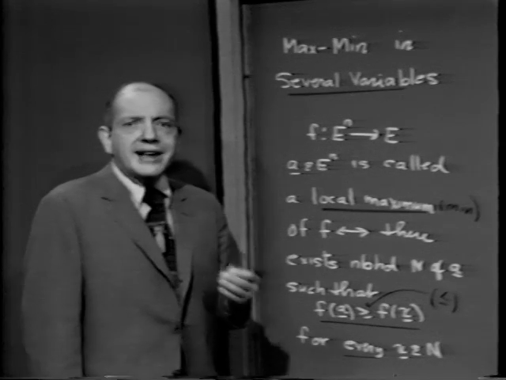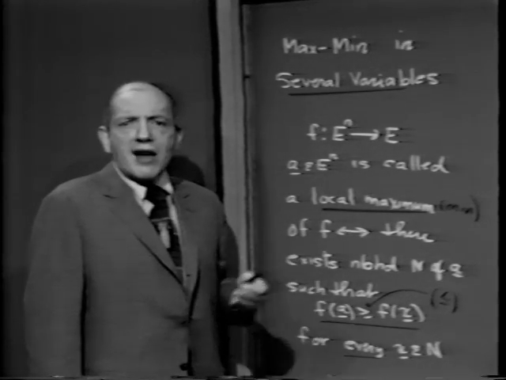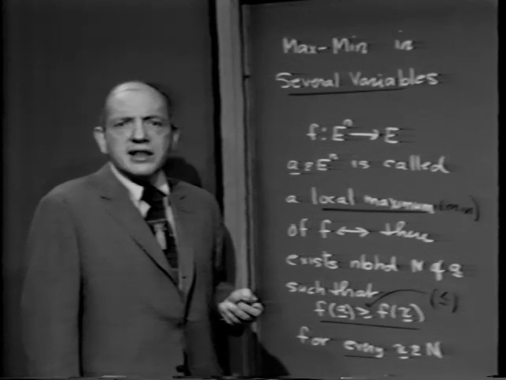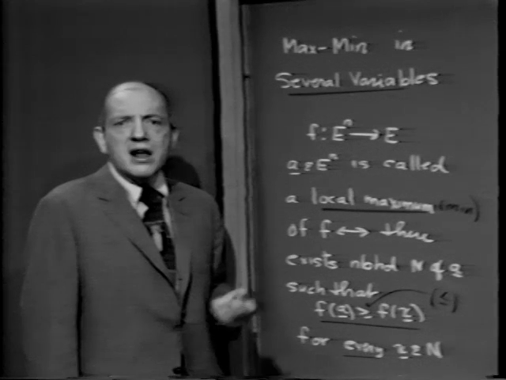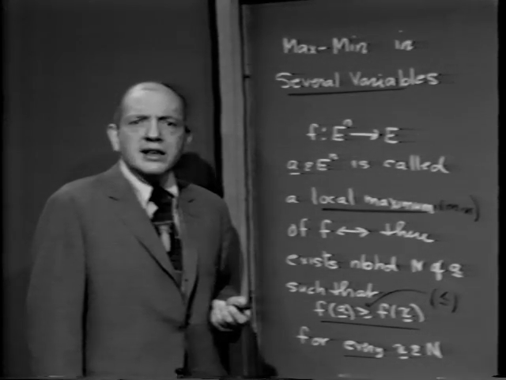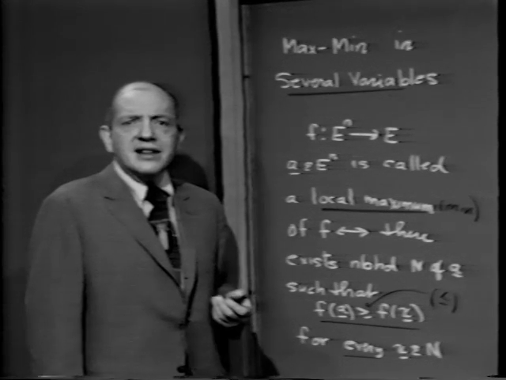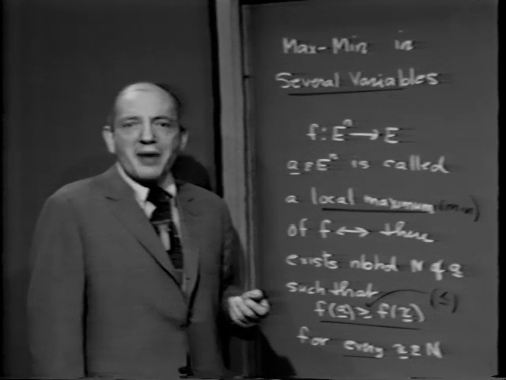Keep in mind that this is almost a word-for-word translation of what the terms relative maximum and relative minimum, or local max and local min, meant for functions of a single real variable.